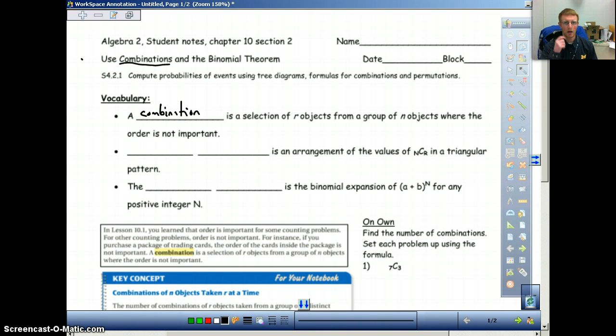Okay, so in other words, if you have 4 letters and you spell the word, say, kite, what we could do with permutations is figure out how to rearrange those letters in anything that we want to. So it'd be, say, A, E, K, I, T. It's still using the same 4 letters. These are 2 different permutations, but they are still only one combination because the order is not important.